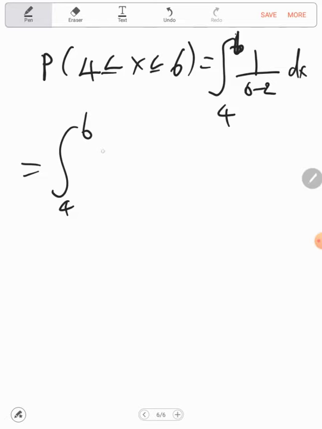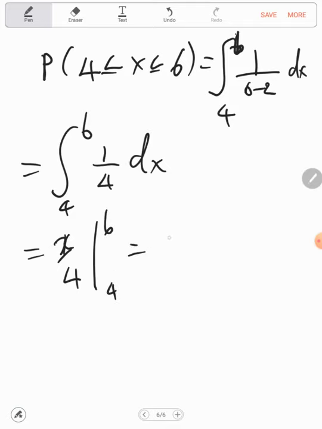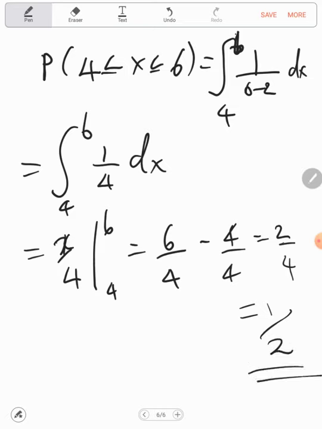The integral of 1 over 4 dx gives us x over 4. So we substitute 6 over 4 minus 4 over 4, and it gives us 2 over 4, which is just a half. This is how we find the probability using the uniform distribution.